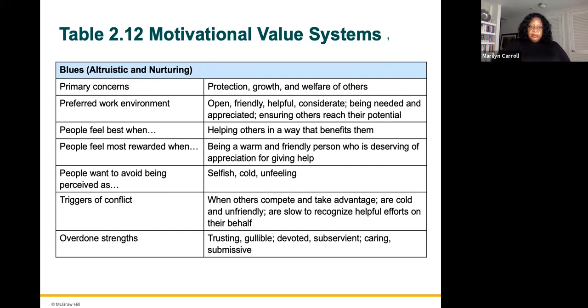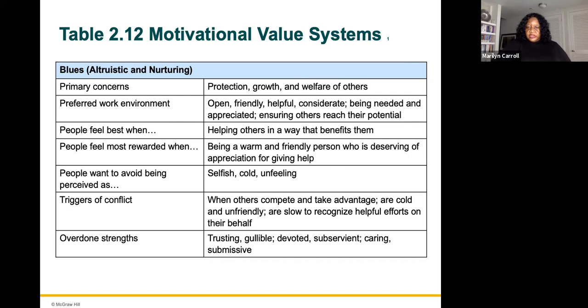Now, most people feel most rewarded when being a warm and friendly person who is deserving of appreciation for giving help. People want to avoid being perceived as selfish, cold, and unfeeling, and a trigger of conflict is when others compete and take advantage, are cold and unfriendly, and slow to recognize helpful efforts on their behalf.